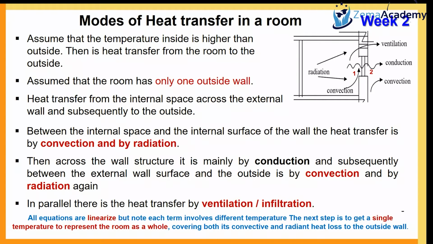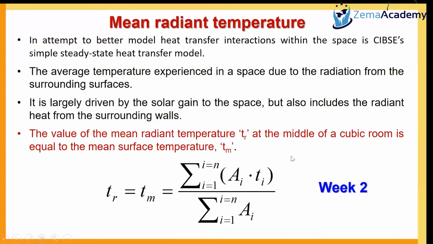By linearizing, I put those values in the main equation and ended up with two new temperature terms. If you remember, one of them was the mean radiant temperature. We did a little problem in which we calculated the mean radiant temperature by using different areas of the surfaces involved in the room.